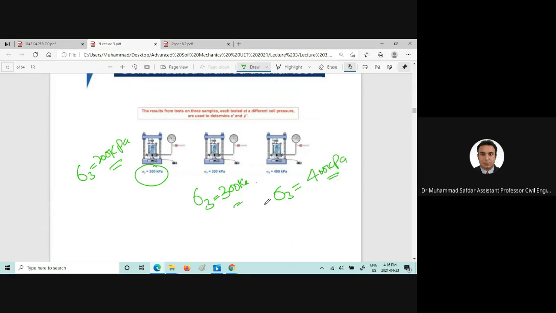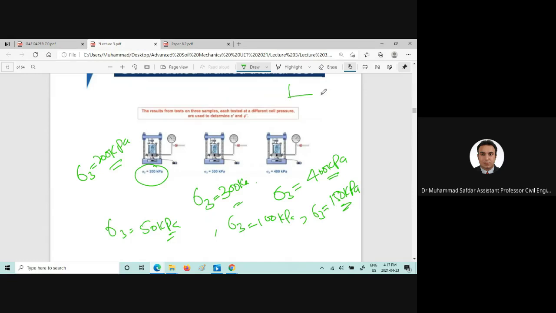If you remember, in your term project, your sigma 3 for the initial case would be 50 kilopascal, for the second case 100 kilopascal, and for the third one 150 kilopascal.